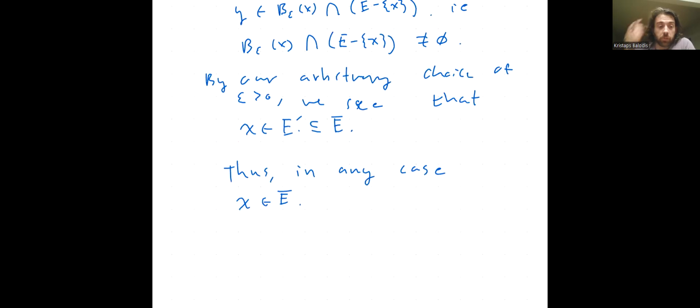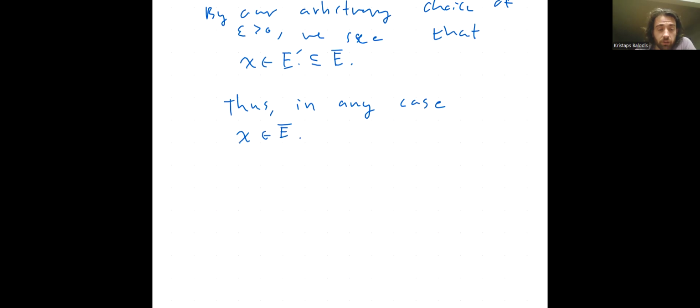Okay, now you're probably not going to believe me based on what I'm about to write, but not every proof in analysis is a proof by contradiction, which may seem crazy, but anyways, here's evidence against that. Assume to the contrary that x is in the interior of E.